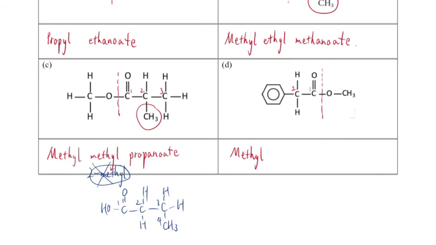So for this carboxylic acid, we would name it as phenylethanoic acid. If we change the ending, then it would become phenylethanoate. Okay, so that's how you name this molecule.